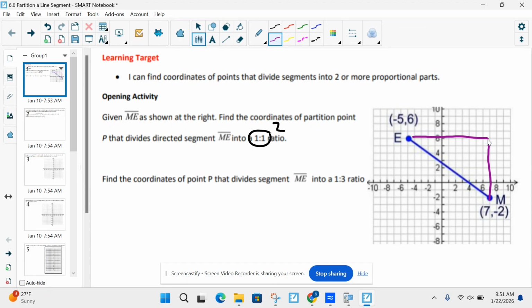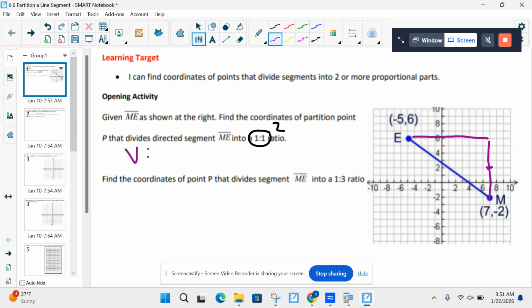So what point is halfway between that? Not 4. We have to go 4 units up because it's 8 units total, which would be at 2. So I'm just going to make a mark right here. So it has to be at 2. And going vertically, the y coordinate would be at 2.